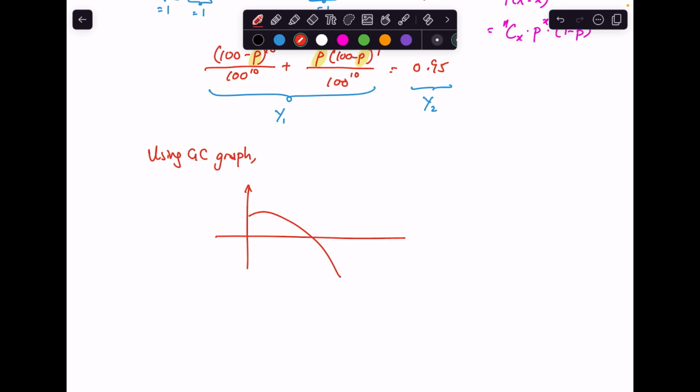The x-axis is quite low, but never mind, I'll just draw it like this. You don't have to finish drawing this. The important part is where they intersect.